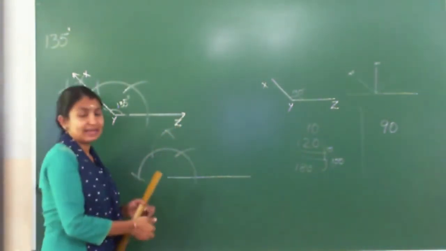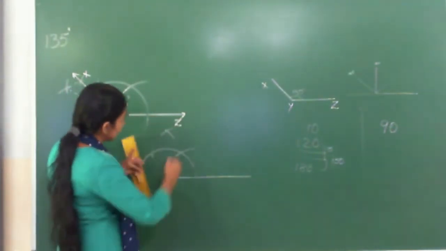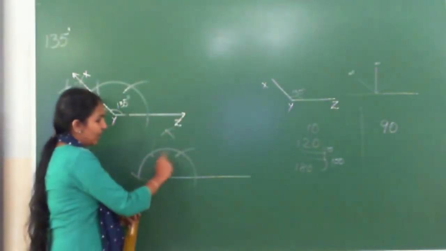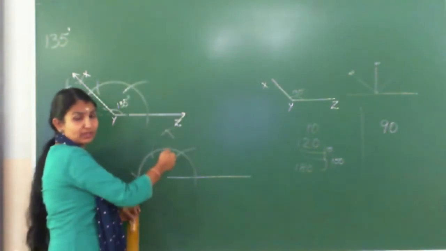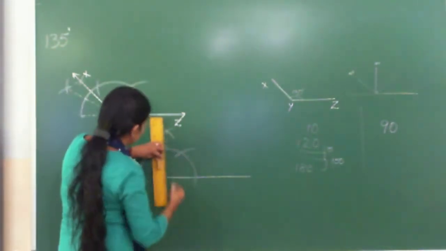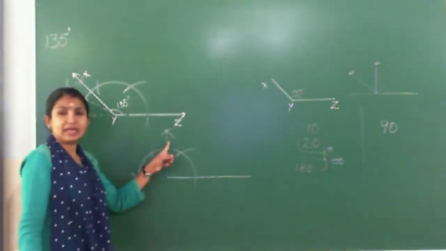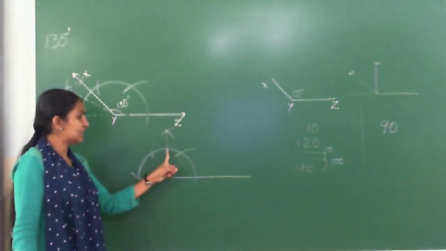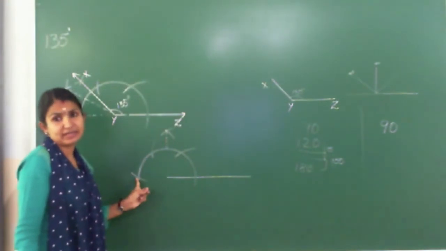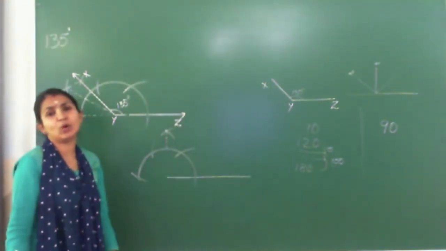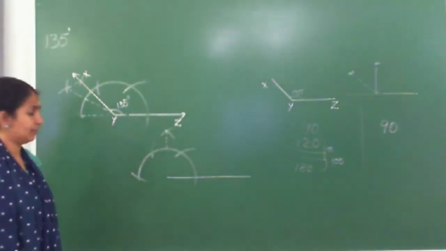So we got 90 degrees. Now for the 90 degrees we have to draw this arc. In that we want to touch the dotted lines. Till this we need, we don't want till this. So after drawing 90 degrees, again we bisect this 90 and 180. We will get the required 135 degree angle.